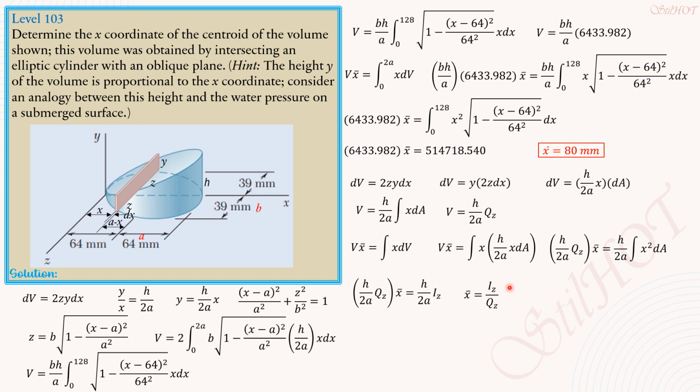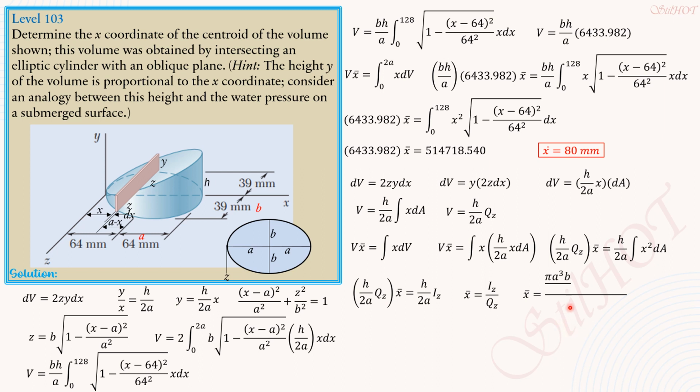So that we can evaluate Iz and Qz, let's have the top view of this ellipse here. In general, this is a, b, b. The moment of inertia of the ellipse with respect to the z-axis is, we transfer the moment of inertia with respect to the centroid, which is pi a cubed b over 4, plus area pi ab, the area of the ellipse, times distance a squared, while Qz is just the area of the ellipse pi ab times distance a with respect to the z-axis.